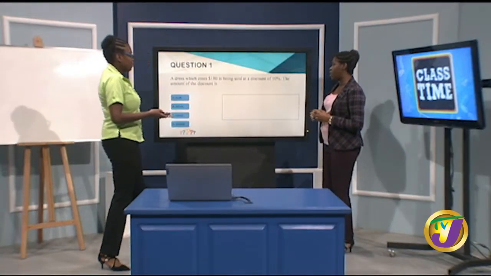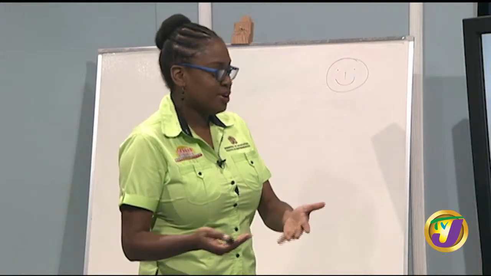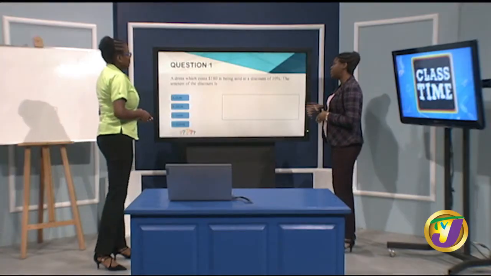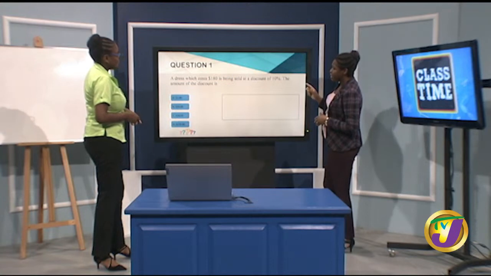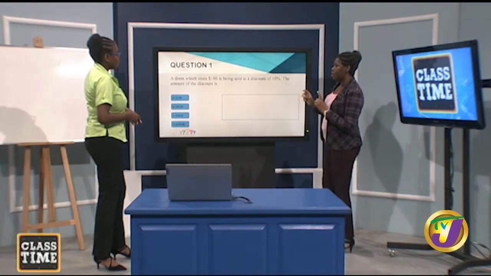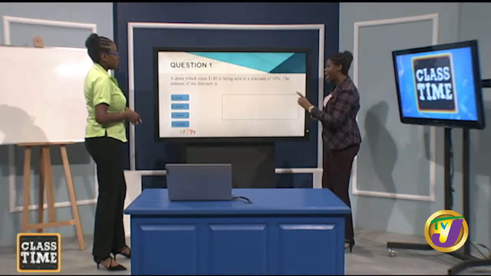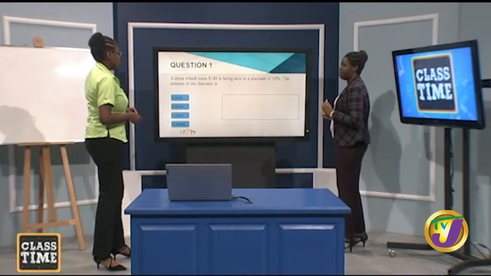Yes, so the discount can be given in terms of the percentage or the monetary amount. Right, so it's a reduction. So it means therefore that my answer, because they're asking the amount of the discount, they're not asking the amount that you will pay for the dress after you have applied the discount.